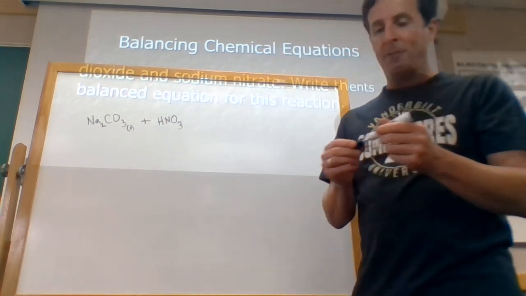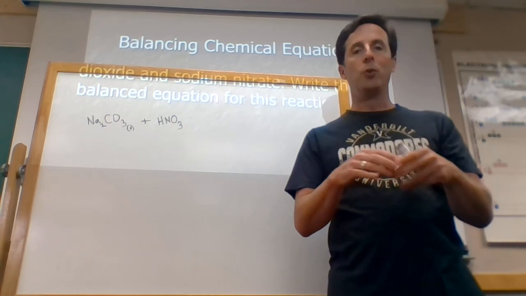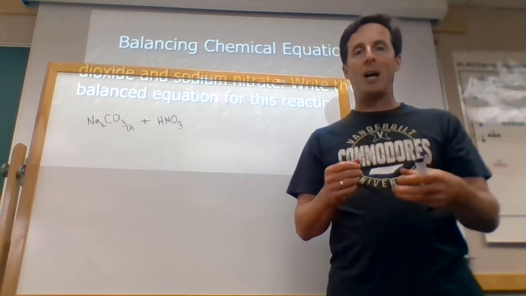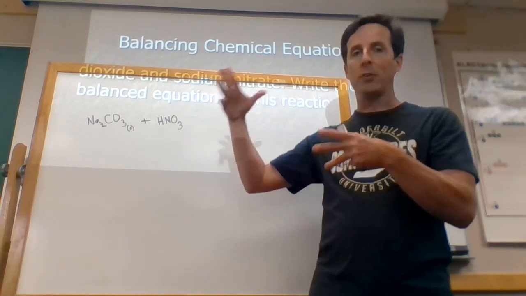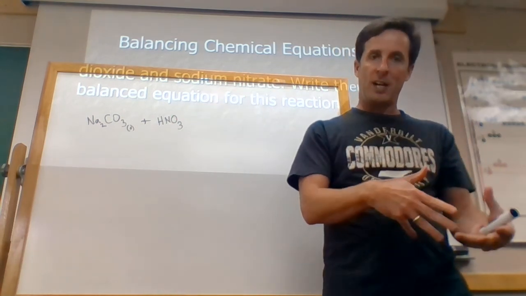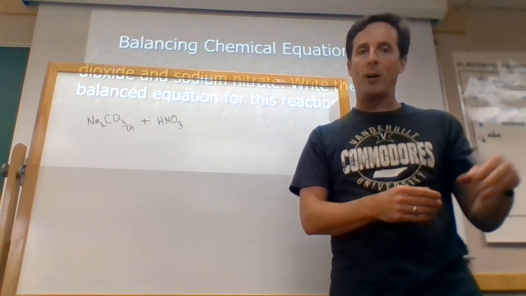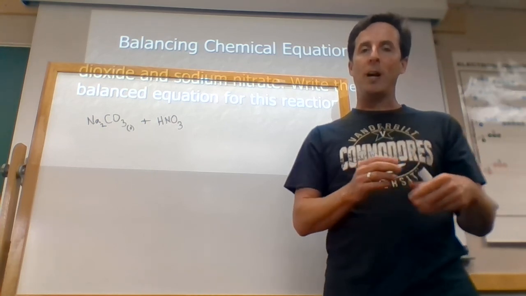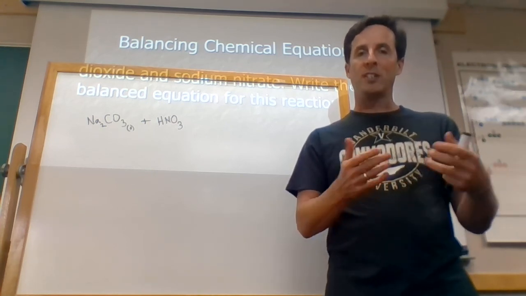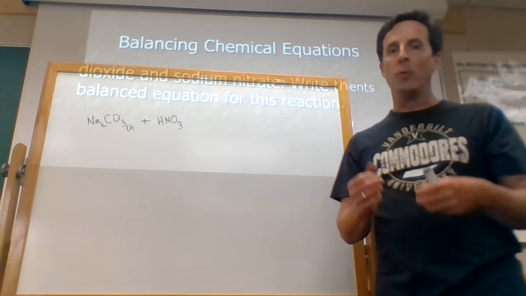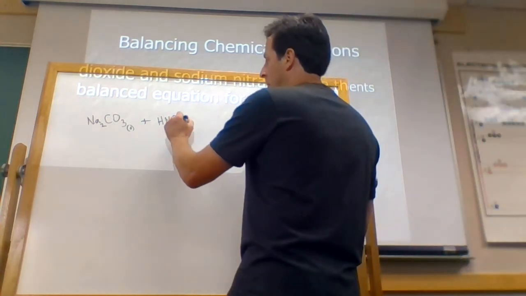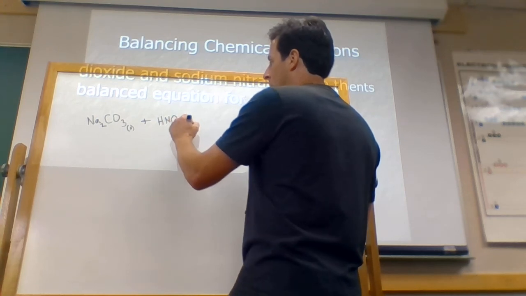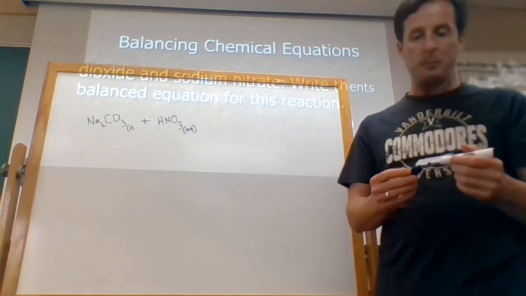And if it says the word solution, that implies that you've mixed this compound in water most of the time. You can use other solvents every once in a while, but in this class, if we ever talk about solutions, we're going to assume that they're aqueous solutions, which means everything's dissolved in water. So this is going to be AQ, stands for aqueous.